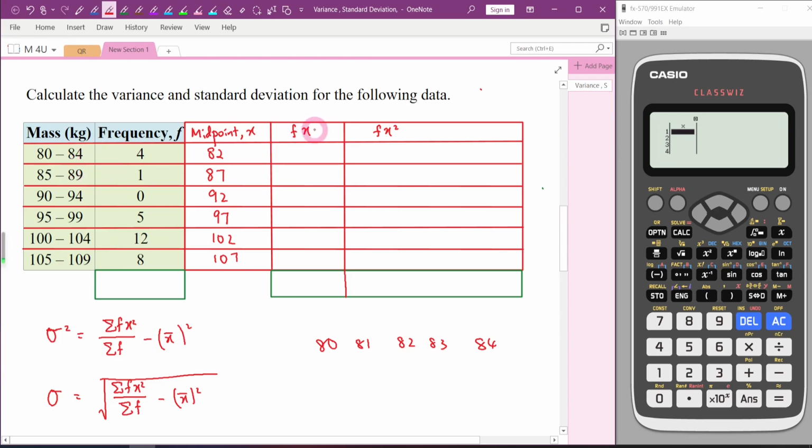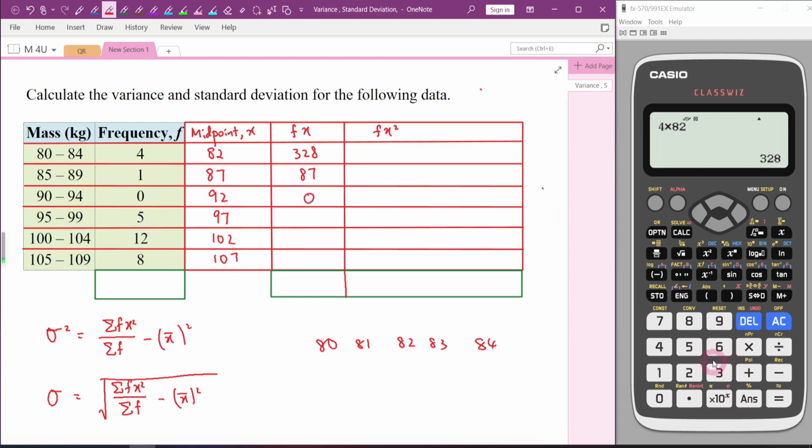Now, fx, this is for calculating the mean. So what does this fx mean? It means that you take 4 times 82. Okay, let me show you this one. 4 times 82. F times x is equal to 328. So this is 328. 1 times 87, 87. 0 times 92, 0.